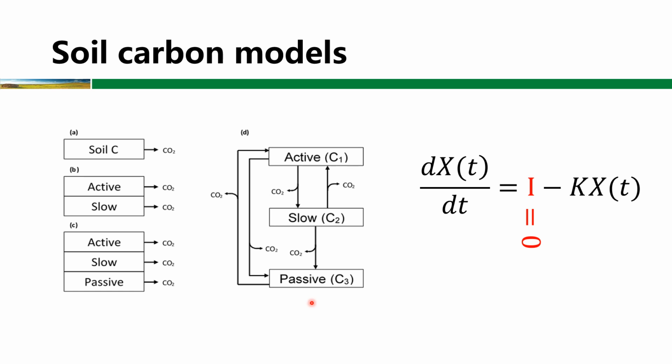Another type of model simulates transfers among pools, as shown in panel D. Similar to ecosystem models you learned from previous lectures, soil carbon models can be described in a matrix form. The only difference of soil carbon models for studying incubation experiments is that they have initial soil carbon pool sizes at the very beginning of the experiment, but do not have carbon inputs. So I here equals 0.